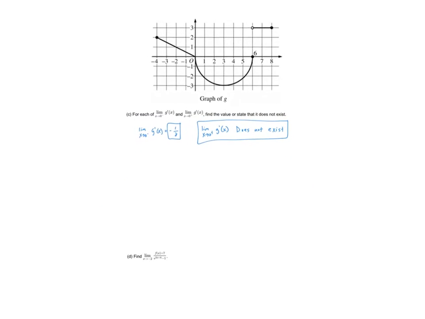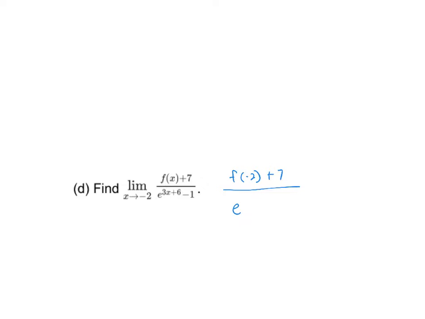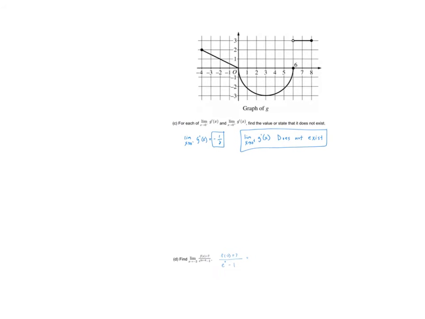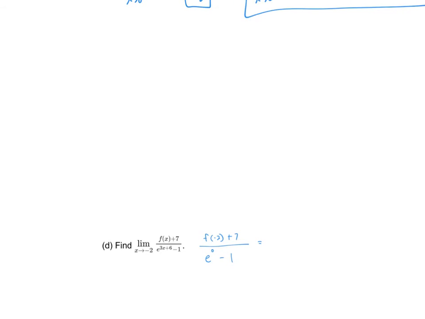Okay, and then the last question down here. Kind of like always, we'll plug in the limit first and see what happens. If we plug in the limit, you get f of -2 plus 7 over e to the 0 minus 1. Okay, f of -2, and keep in mind the way f was defined.